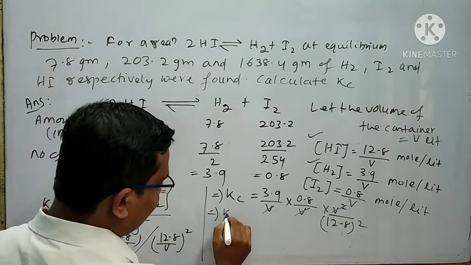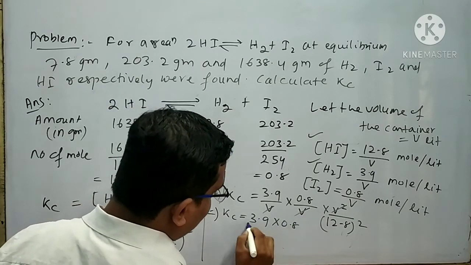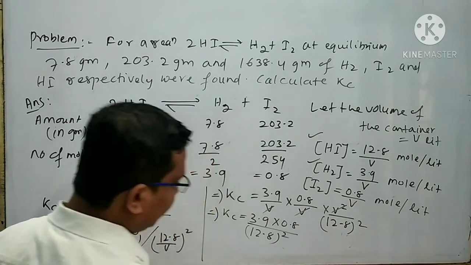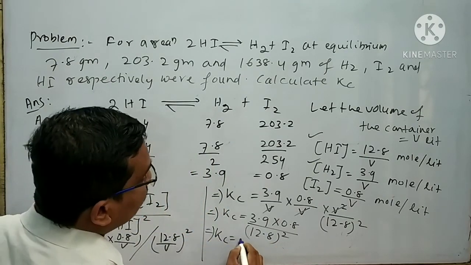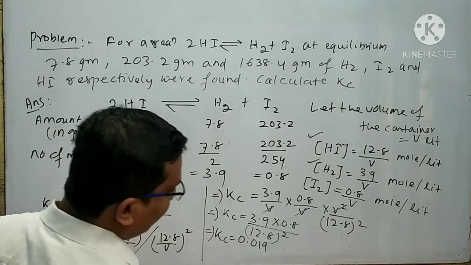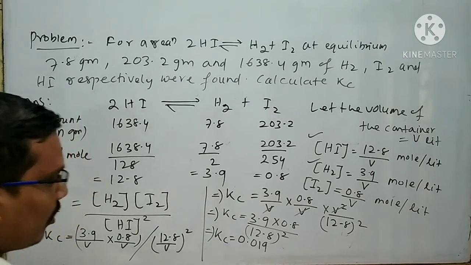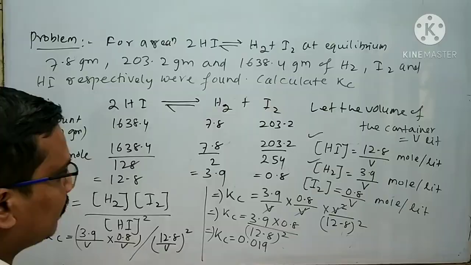Then I can write Kc equal to 3.9 into 0.8 divided by 12.8 whole to the power 2. After calculation, it is seen that the value of Kc equal to 0.019. Our aim is to find out the value of Kc. The value of Kc for this problem is 0.019.